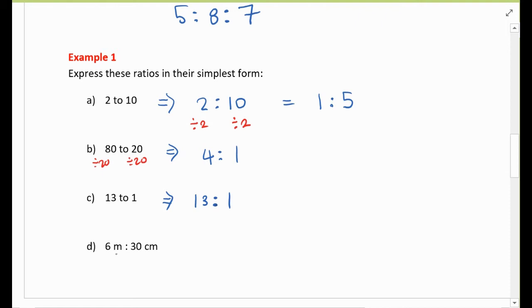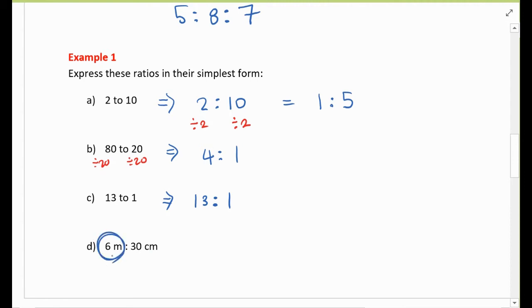Next one, I have 6 meters to 30 centimeters. Before you start solving this, you have to think about whether they have the same unit. Do they have the same unit? No, they do not. Then we have to change those to be the same unit. How can you change it?